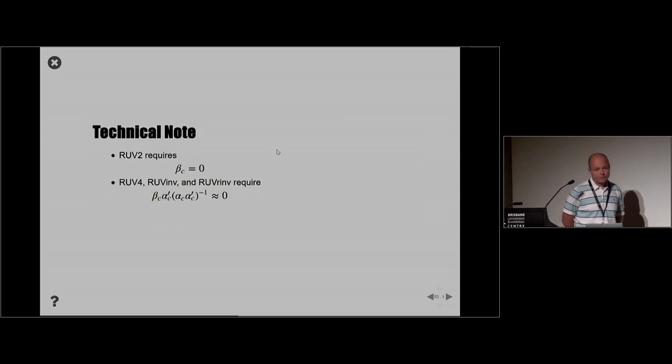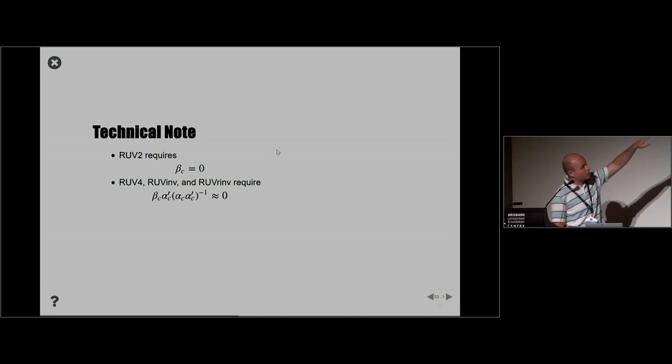Okay. And I've mentioned a couple times that RUV4 inverse and RUV-R inverse are more robust than RUV2 to violations of the negative controls. So here, it's a little bit cryptic, but I'm still going to put it up there, what exactly that robustness is.